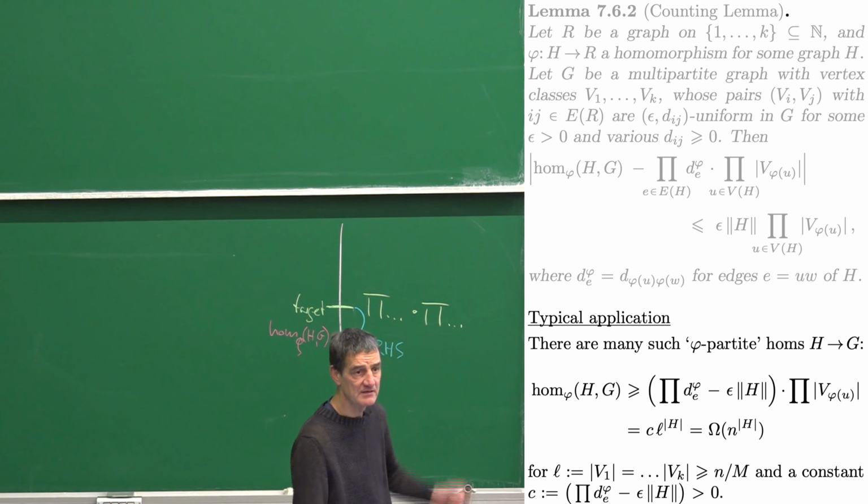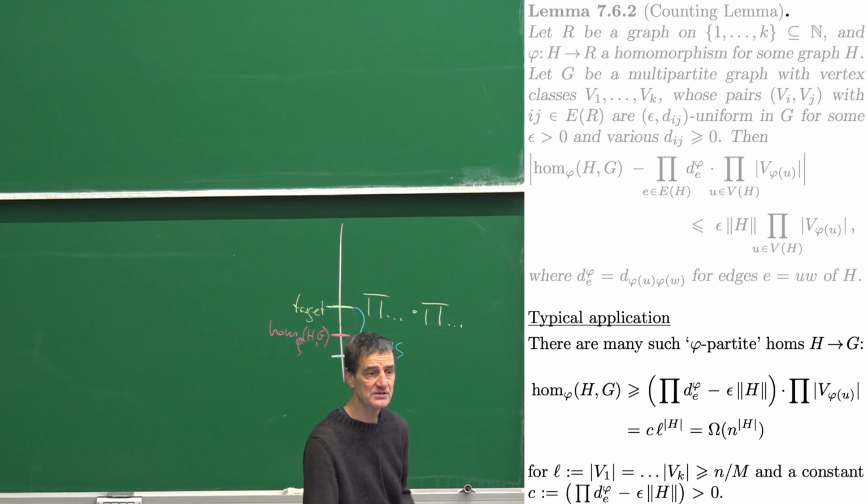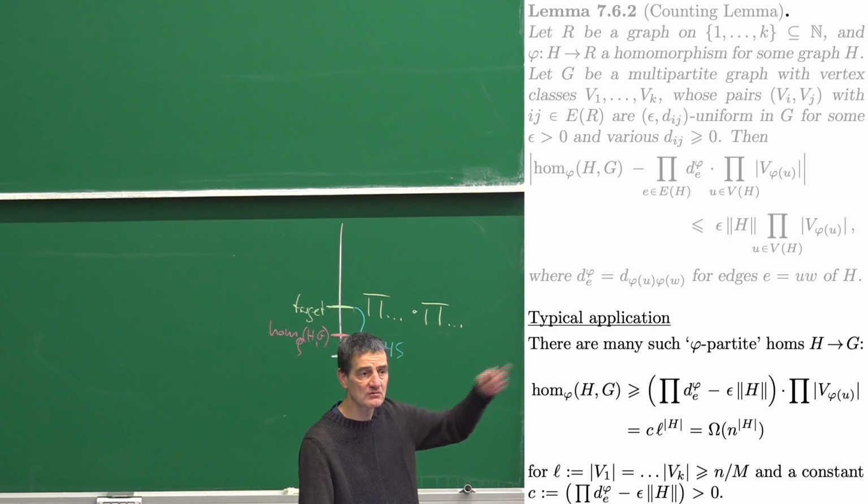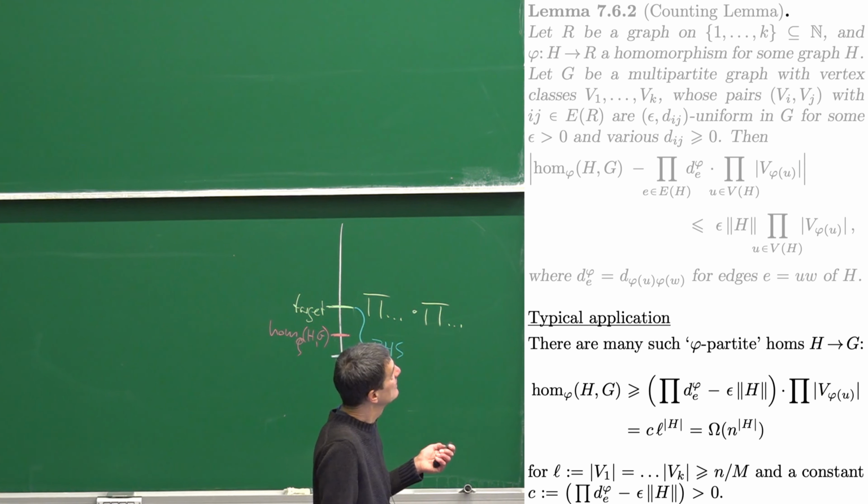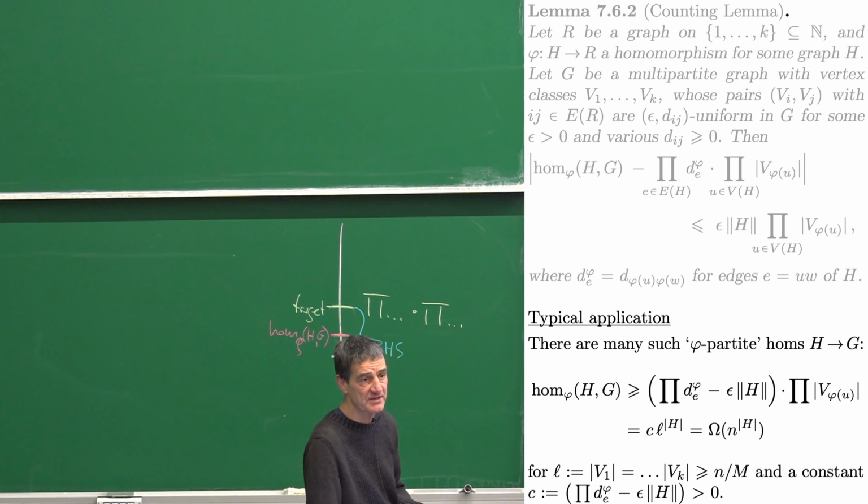And then apply the regularity lemma. And that will return some big M, so that for all graphs that have size at least little m, they have such a partition.